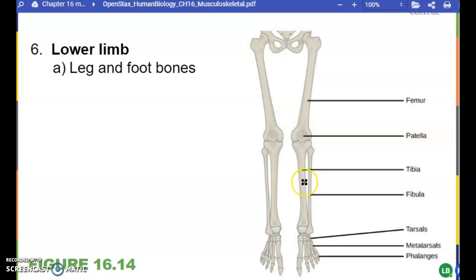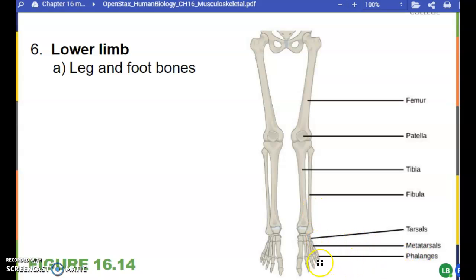The way that I remember which is the larger one and which is the smaller one: the larger one is on the inside, and the smaller one is on the outside, the almost calf area, if you will. I remember that fibula is the smaller one because you tell a little fib. That's seriously the way I learned to remember and memorize them.